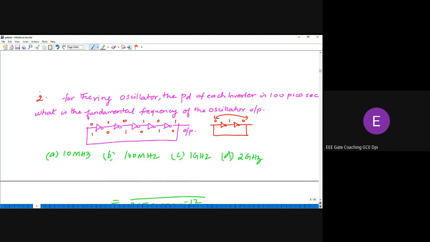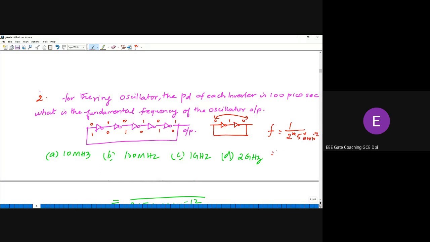Initially, my fundamental frequency is 1 divided by 2 into, totally I have 5 inverters, right? 1, 2, 3, 4, 5. So for the 5 inverters, each inverter is producing 100 picoseconds of delay, that is into 100 into 10 power minus 12.